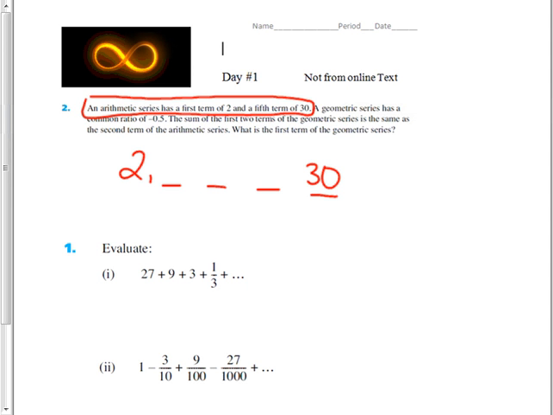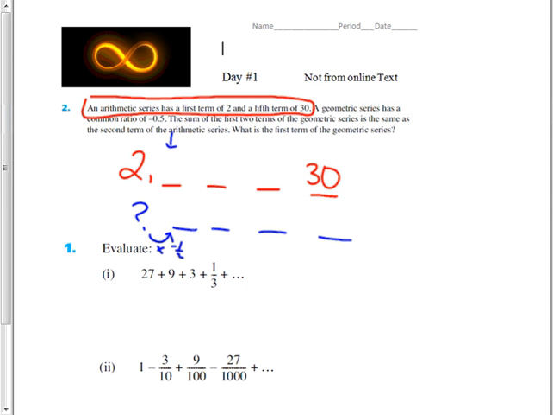So this one, I don't exactly even know what it starts with, but I do know that each time it gets multiplied by negative a half to get to the next term and the next term and the next term. Okay, the sum of the first two terms of the geometric series is the same as the second term of the arithmetic series. Well, it's not too hard to figure out what the second term of the arithmetic series is. Let's do that one.